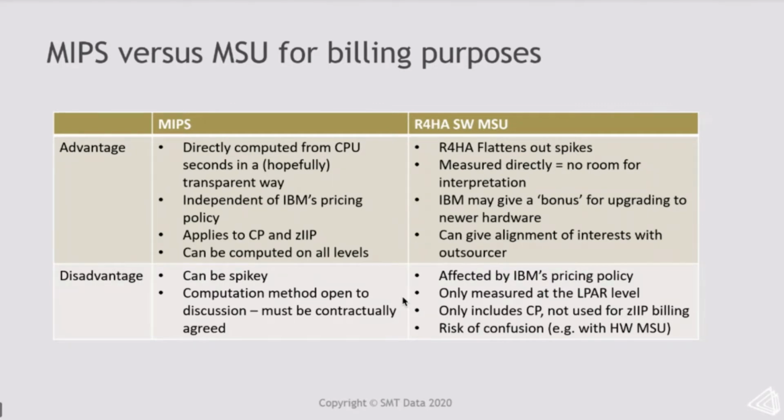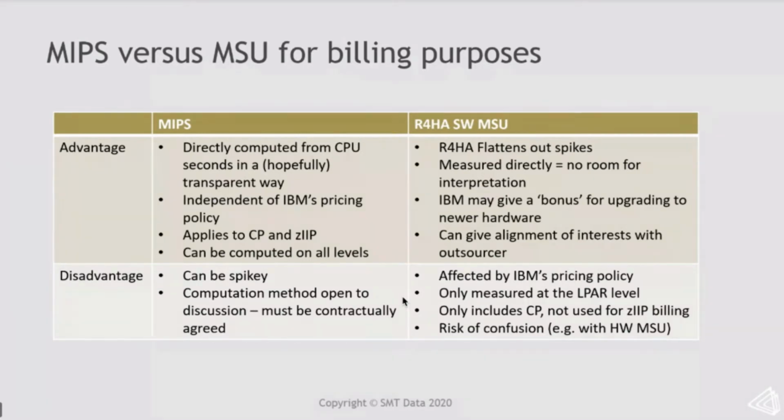Now, MSU, you can only calculate for CP. MIPS can be calculated on all levels, so at the LPAR level, the batch job level, the transaction level. Disadvantages of MIPS is, as showed before, they can be somewhat spiky, and the computation method for MIPS can be open to discussion, so it has to be contractually agreed, and we'll talk about that in just a minute.